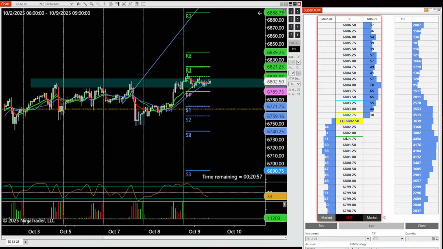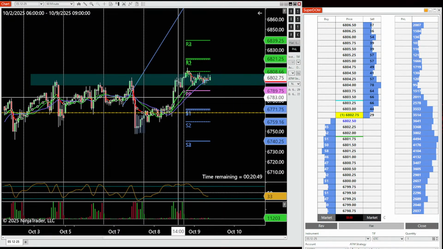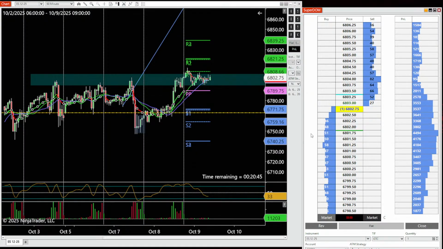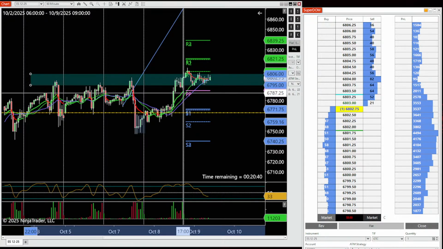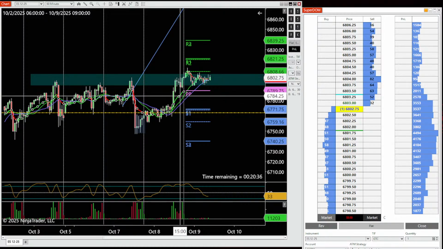These lines on my chart right here show the order flow. This is VWAP right here, so I have VWAP on my chart, and we're above VWAP. This is the 14, that's the 20. This thick green is the VWAP.